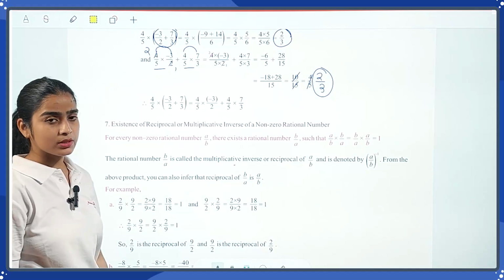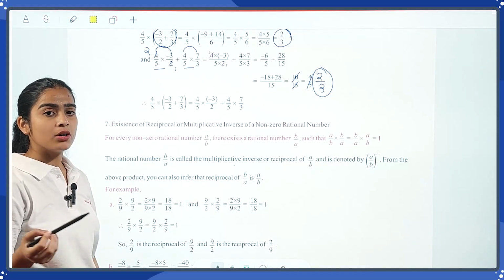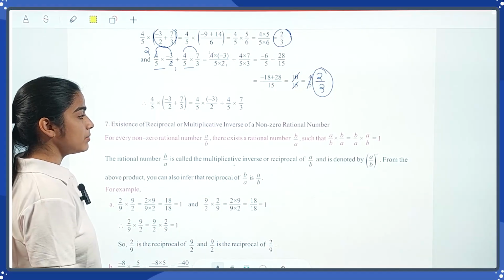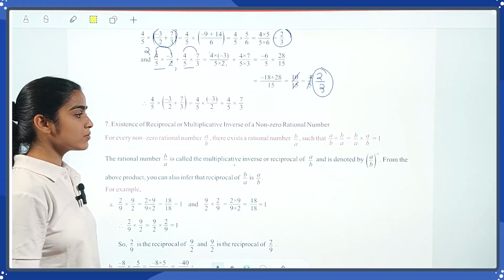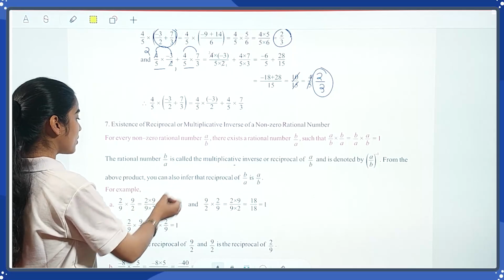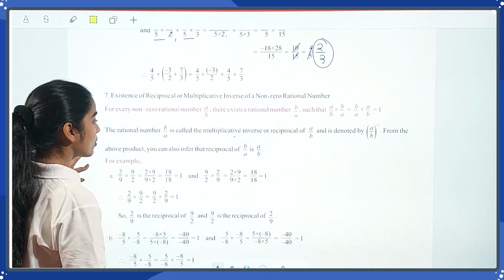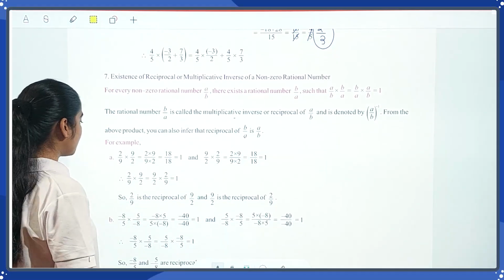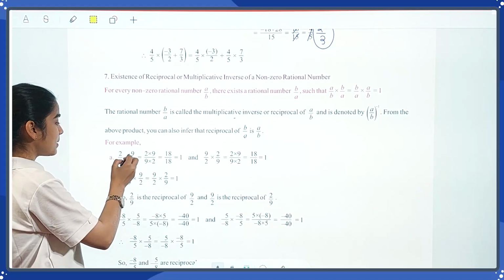We already understood this concept while performing the operation of division. It is denoted by a by b raised to the power minus 1. From the above product, you can also infer that the reciprocal of b by a is a by b. So for example, 2 by 9 multiplied by 9 by 2.